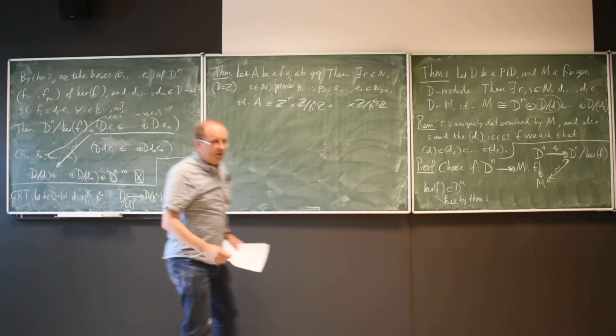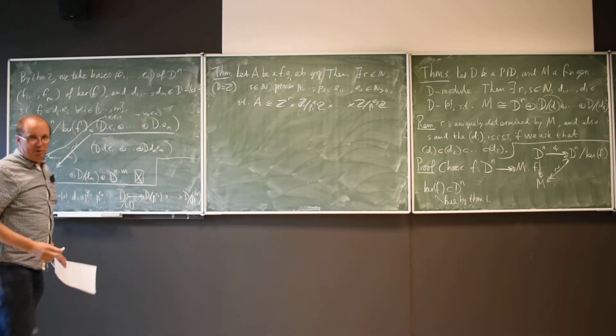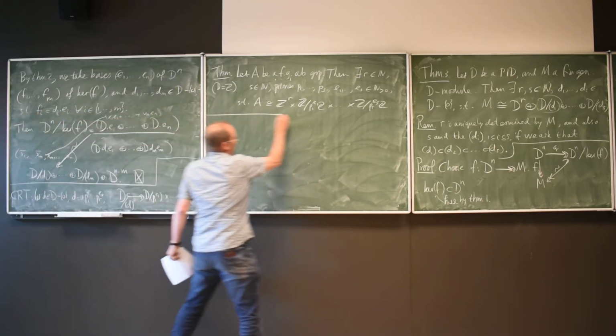So that is what every finitely generated abelian group looks like.